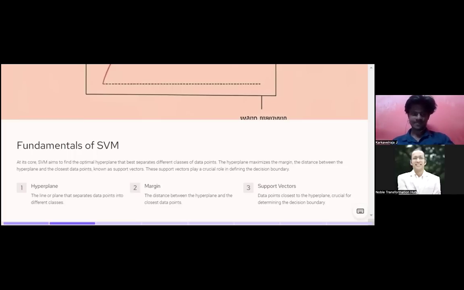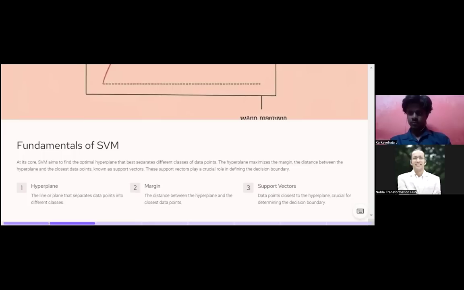So, fundamentals of SVM. Guys, we have to understand that SVM is a very powerful technique. At its core, SVM aims to find an optimal hyperplane. Hyper means multiple, it's not one dimensional. It best separates different classes of data points.